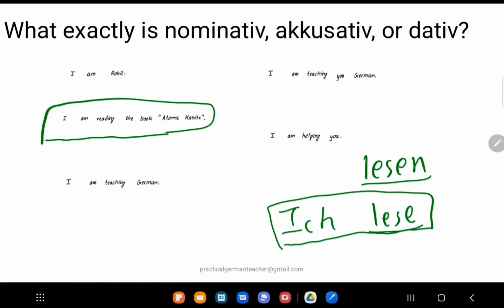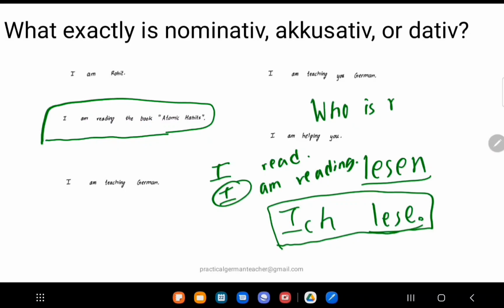Now if it's just this one, Ich lese, or I read, or I am reading, again, how can you replace I? You can take the activity to read. So you can say, who is reading? Who is reading. So again, you replace the I, the subject, here with who. So this will be in nominative case.